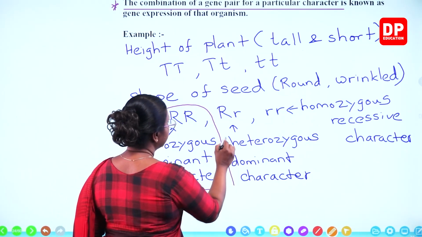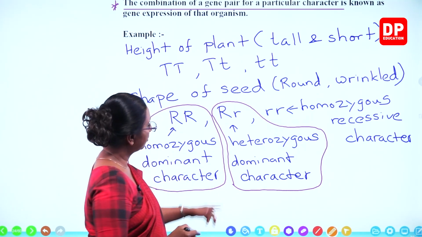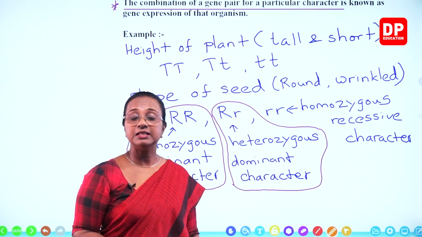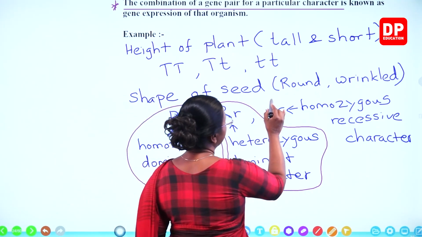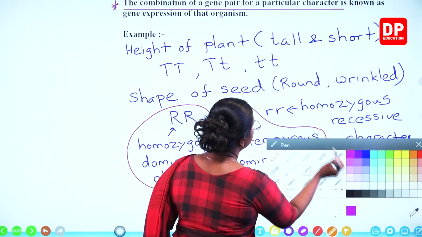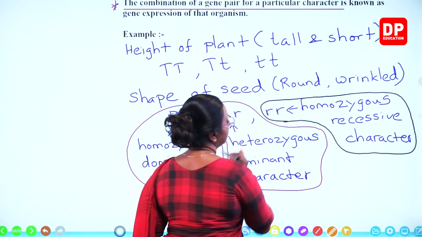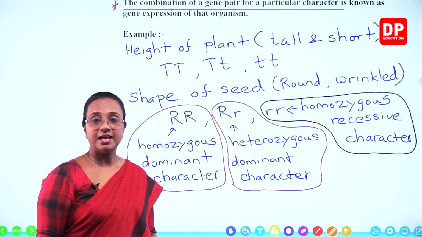Then we have the heterozygous round character or heterozygous dominant character. And here we have the homozygous recessive character. Can you all understand that?